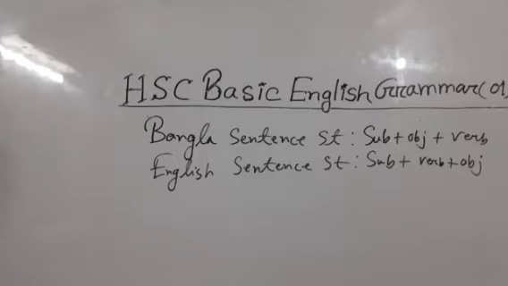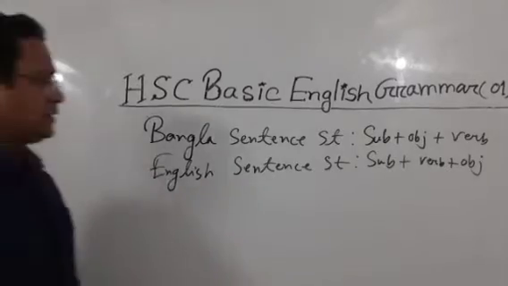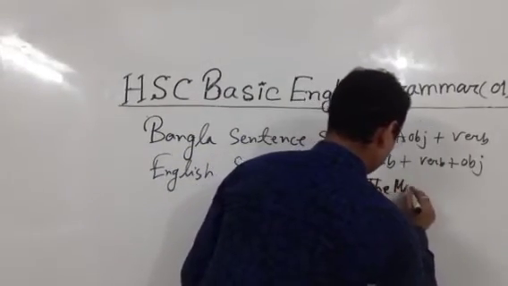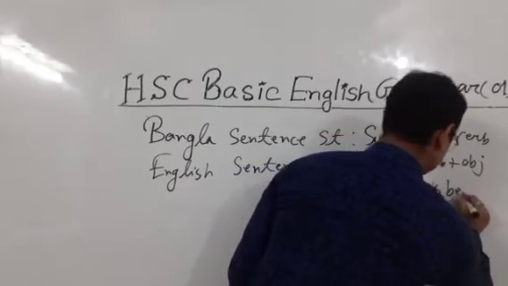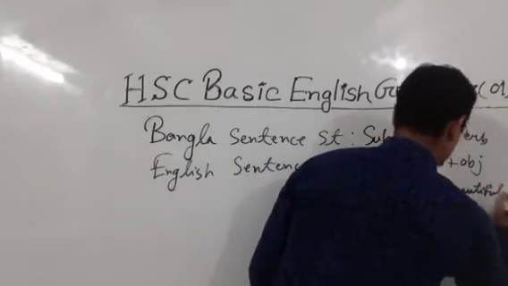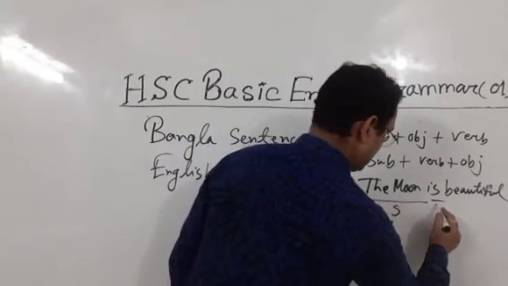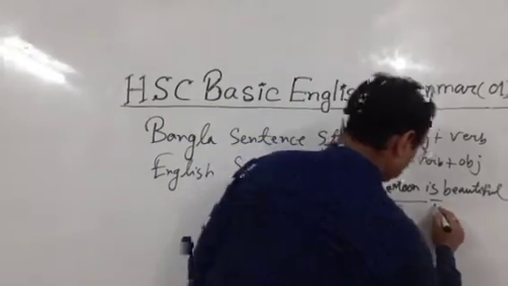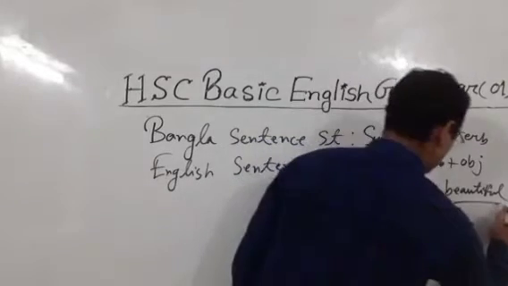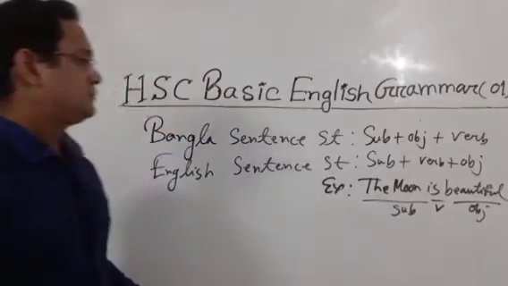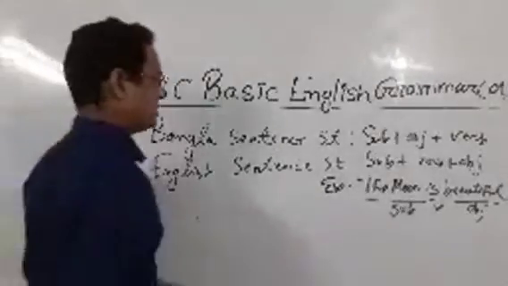Am I clear? For example, the moon is beautiful. Subject, the moon, and verb, is, and complement, beautiful, as for English sentence.